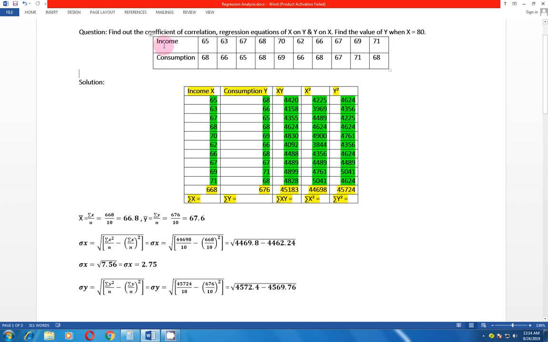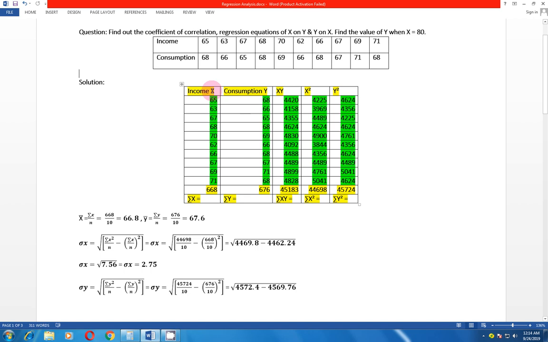So here are two variables, as I discussed before: income is the independent variable and consumption is the dependent variable. Just as we discussed in the previous video on the correlation coefficient, we need the calculation of 5 different types of variables.